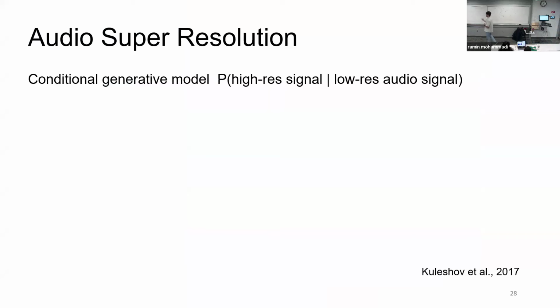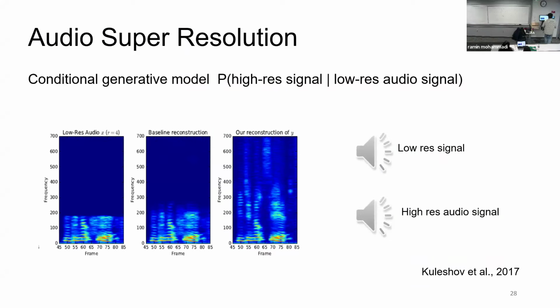When you have audio with a bad resolution, you can use AI models to improve that resolution. For example, here is an example of a low resolution signal. You can pass such a recording to a model, and you see it's able to improve the resolution of the audio, which is really useful for certain tasks.